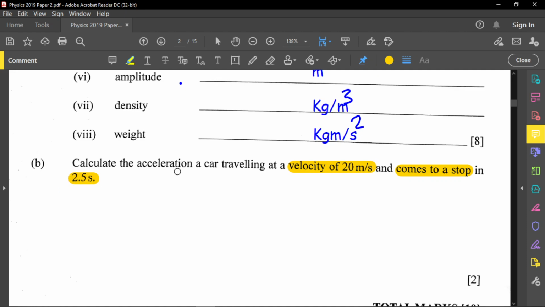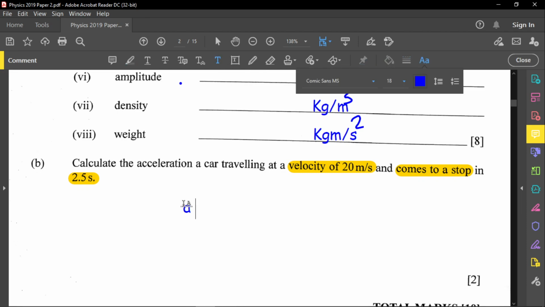So you ask us to calculate acceleration. If the car is accelerating but coming to a stop, that is actually termed deceleration. But you would have known that acceleration is equal to velocity over time. And so we could calculate velocity over time by saying our velocity, which is 20, divided by time, which is 2.5.